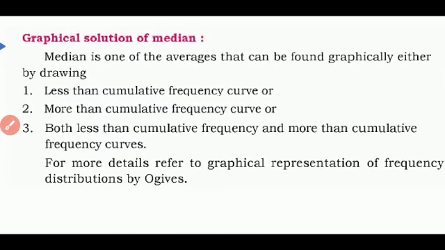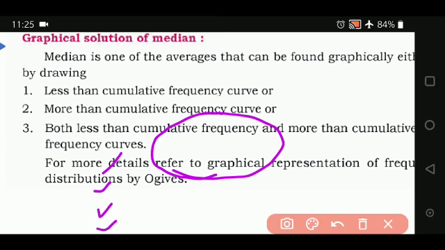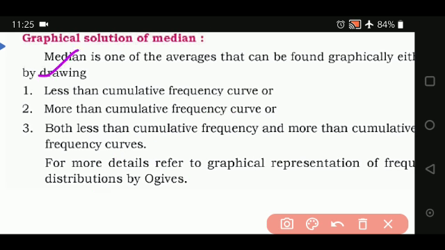Now, median can be obtained graphically also. That is, in the previous class, with the help of ogives, we can calculate median. Median is one of the averages that can be found graphically either by drawing the less than cumulative frequency curve or the more than cumulative frequency curve.